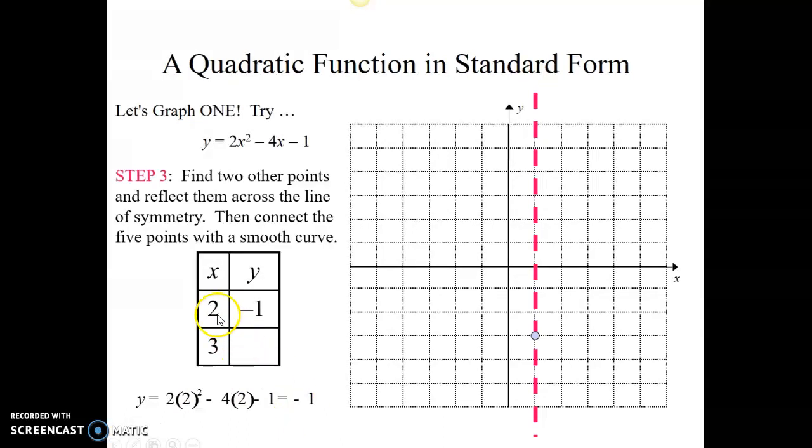So here we have the point 2, negative 1. We'll plot that on our graph. And then next we'll plug in the 3.